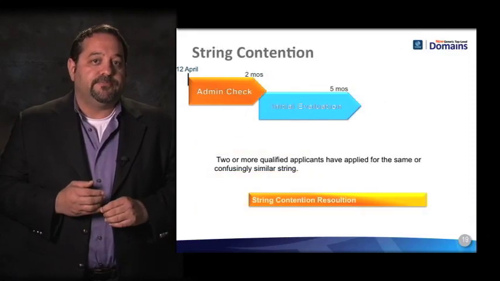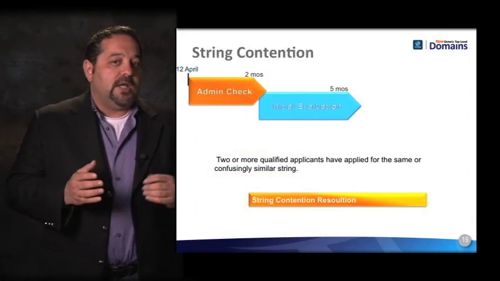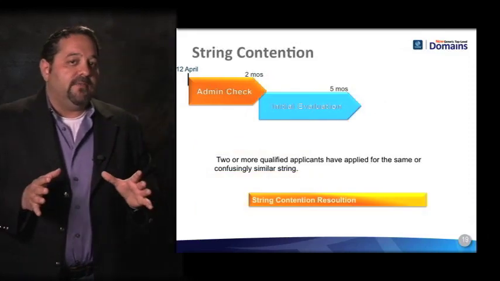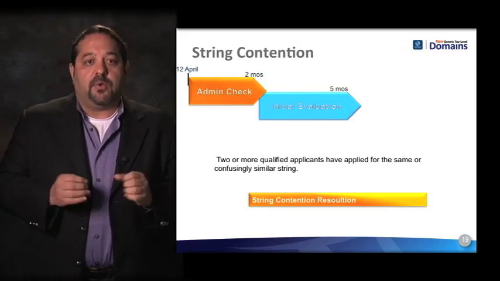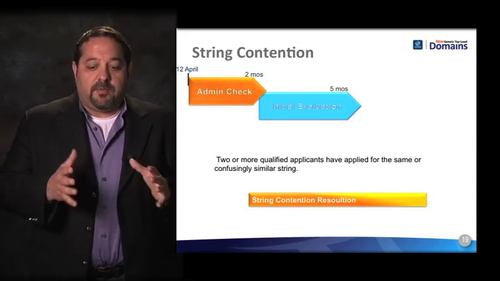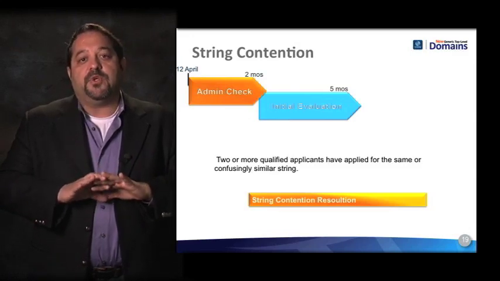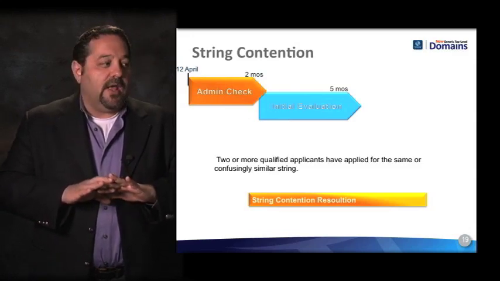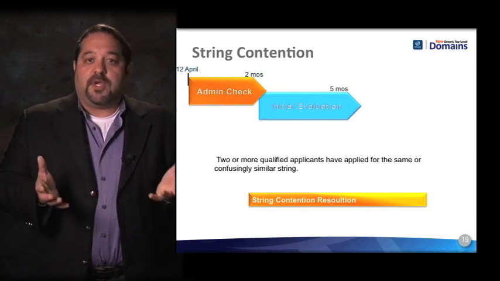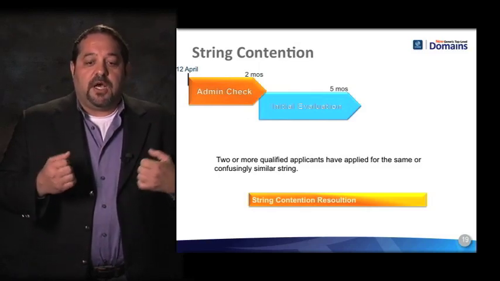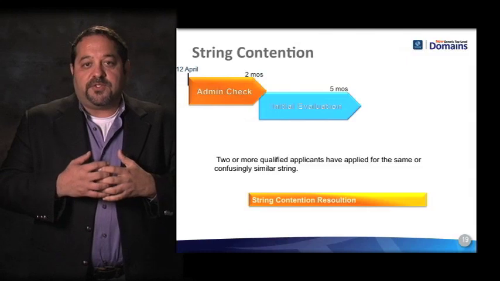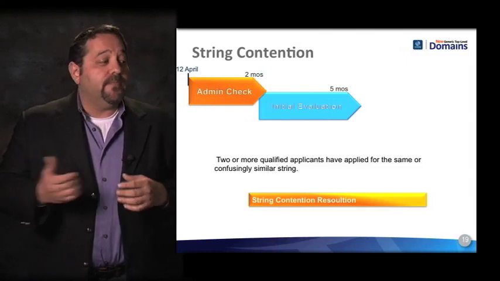String contention. So I talked a little bit about confusingly similar strings. In the guidebook, we talk about strings that are so visually similar that it will confuse the end user using the internet. So there is a string contention process. If strings are so similar, visually similar, they will form a contention set.